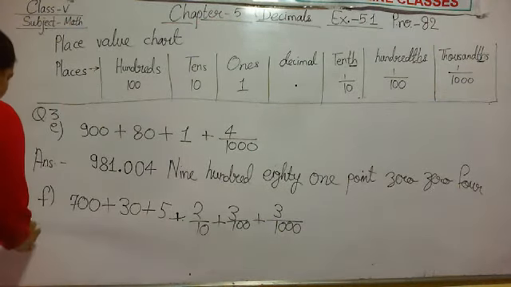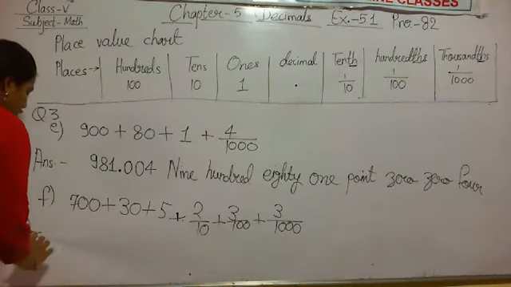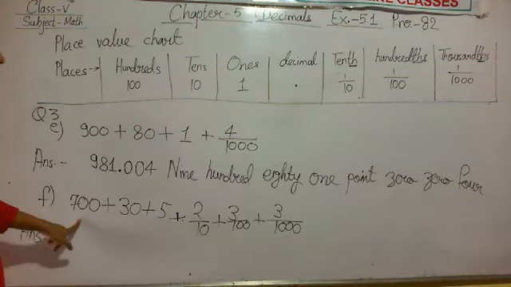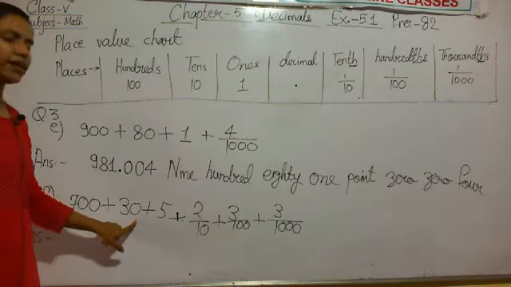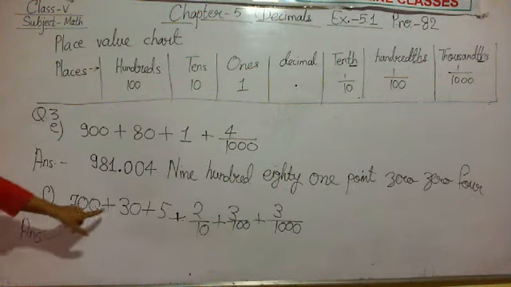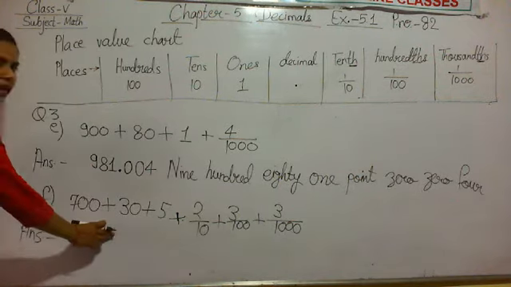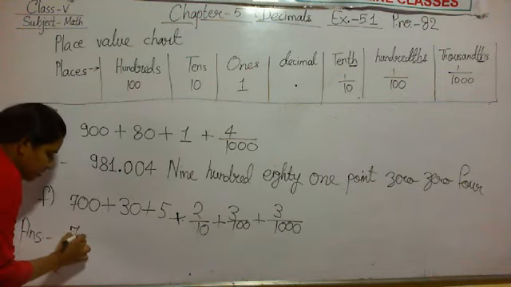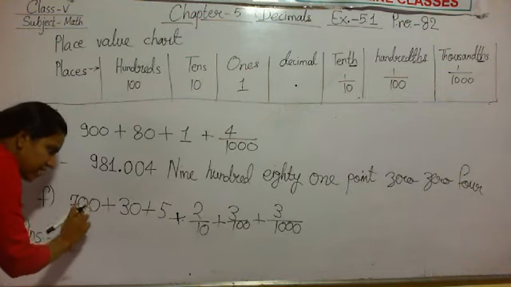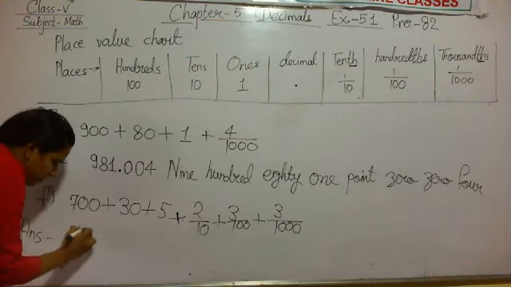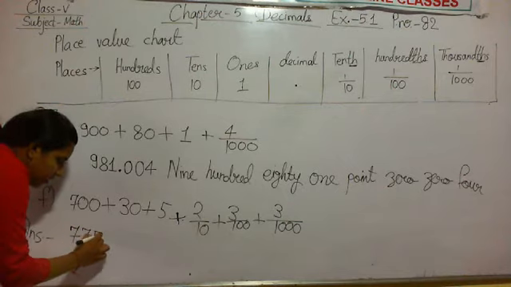Now you want to write it in short form. So here 700, 30 and 5, all these three numbers are whole numbers, so we can add whole numbers together. 700 plus 30 is 730, plus 5 is 735.